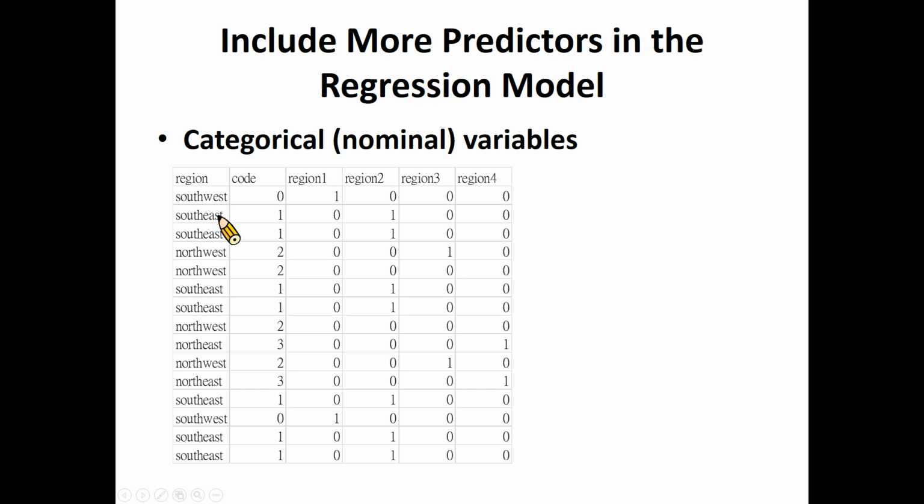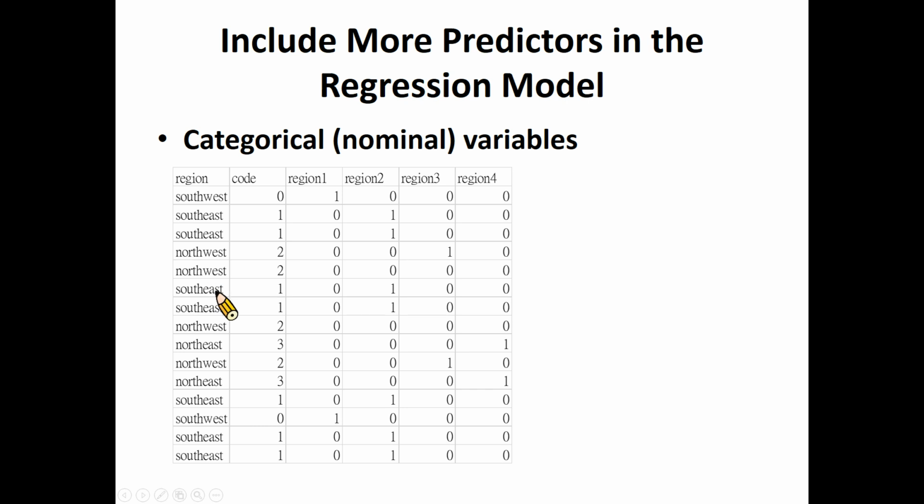In this case, we have 4 regions, which divide the United States into southwest, southeast, northwest, and northeast. In these kinds of categorical variables, there is no order information.